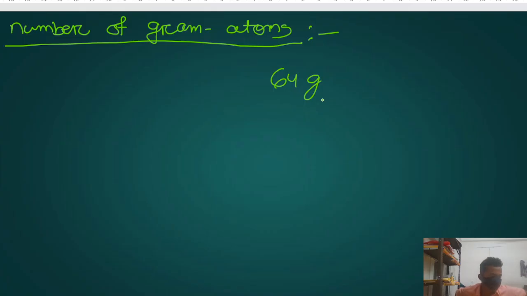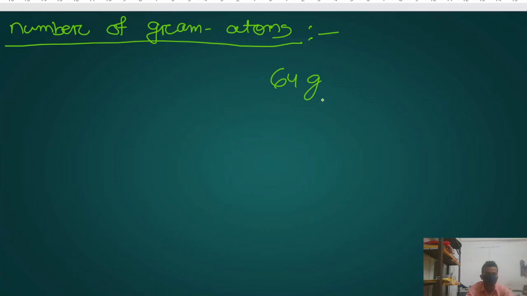The number of gram atoms means how many oxygen atoms are present in a given amount.